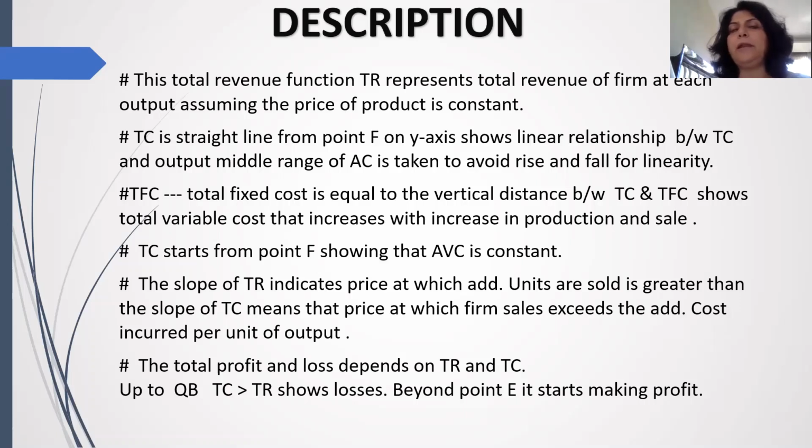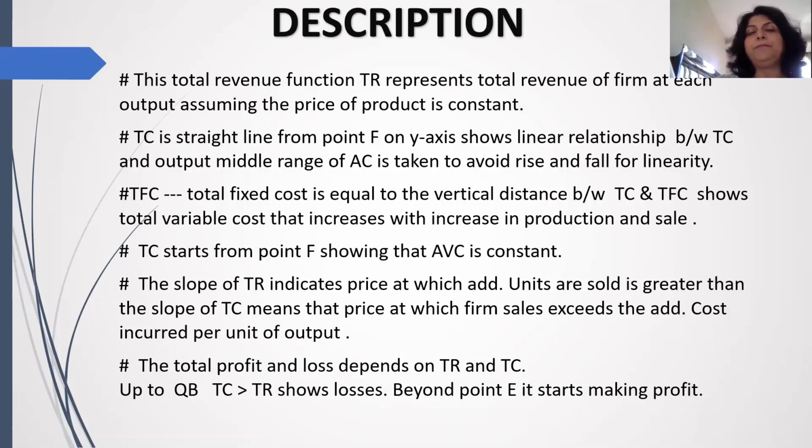TC is also a straight line from point F on the OY axis. It also shows a linear relationship between cost and output, and the middle range of AC is taken to avoid the rise or fall, for linearity. So the middle range of average cost is taken.